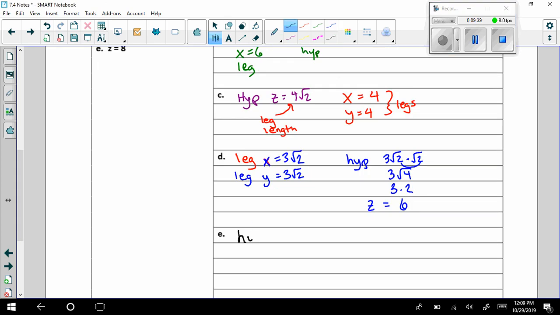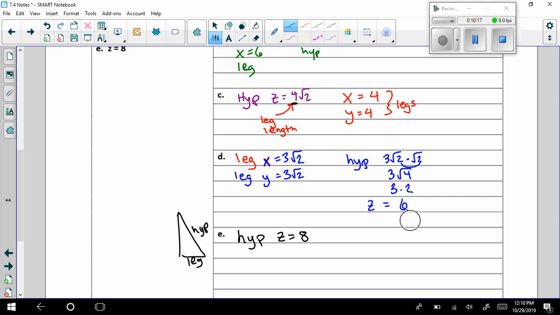Okay, and last one, it gives you the hypotenuse z equals 8. Well, to get from having your hypotenuse to having a leg, we have to work backwards. Up here, the leg length could be seen right in front of that square root 2. Here we don't see that square root 2, which means it canceled out. So we're essentially moving from here up so that we can get that leg length.